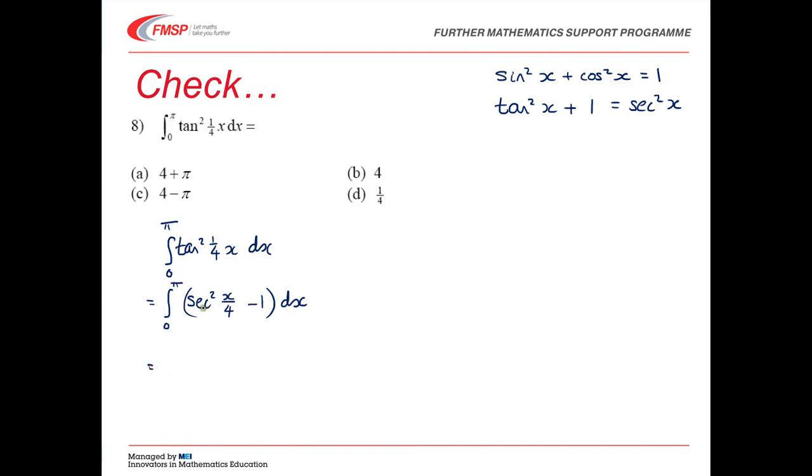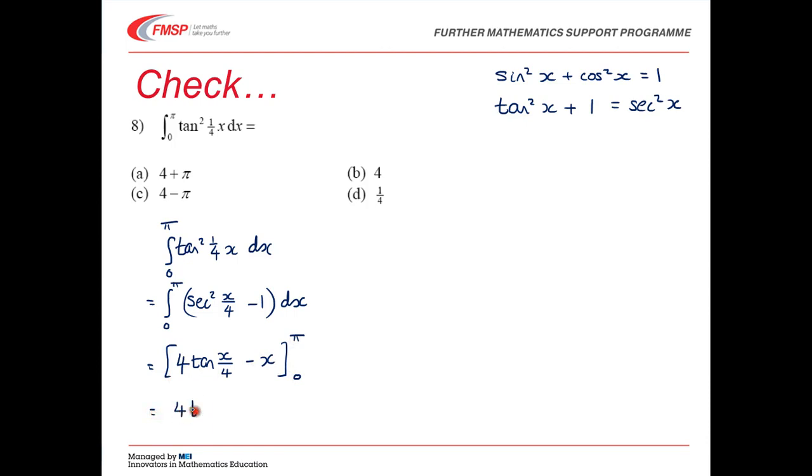The integral of sec squared, broadly speaking, is tan. So don't change the input, it's going to be tan of x over 4. If I differentiate that, I'd get a quarter sec squared, so I need to put a 4 in front to cancel that out. Integrate 1 and I get x, and evaluating that between 0 and pi.